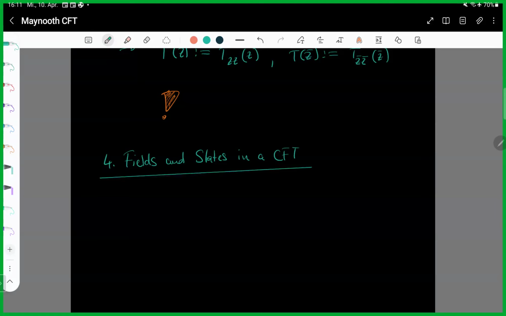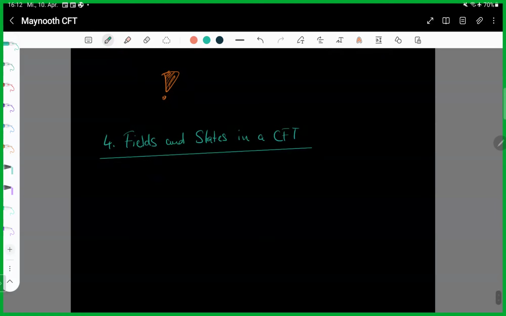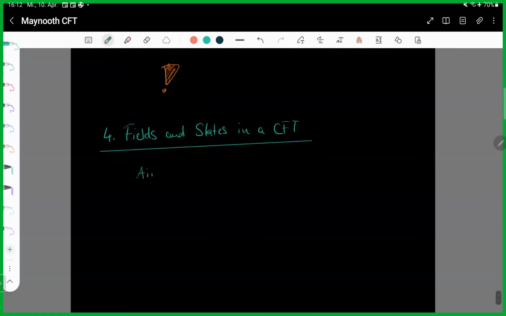But the first discussion that I'm going to have is about fields, and those are in principle a classical thing. I should say though, most of the time we never study classical conformal field theory. We always just talk about quantum systems.